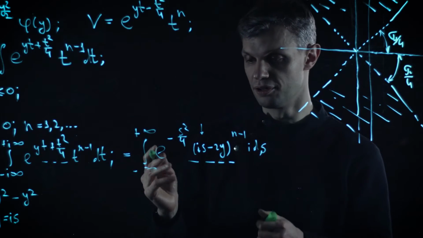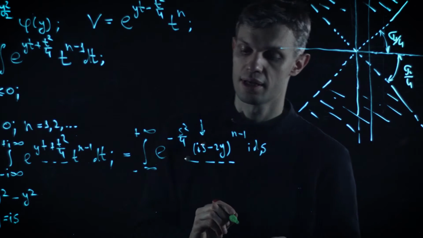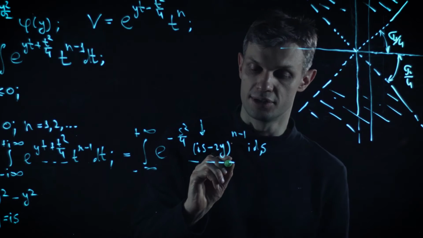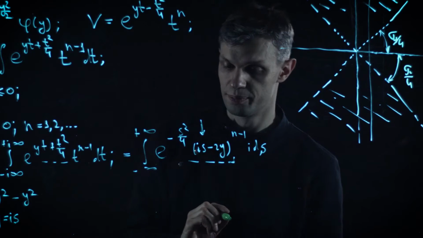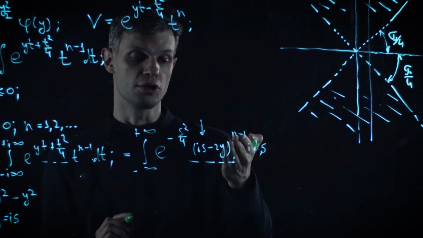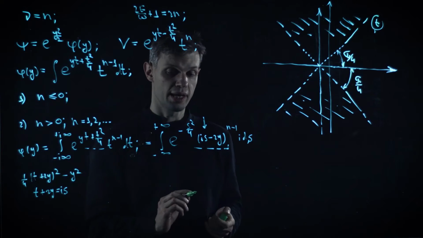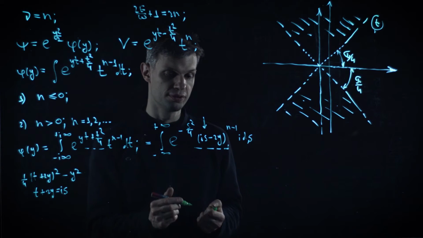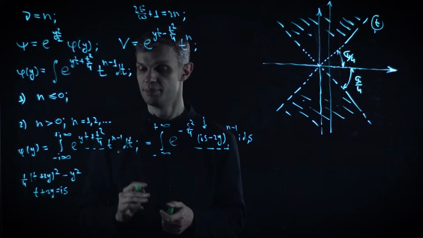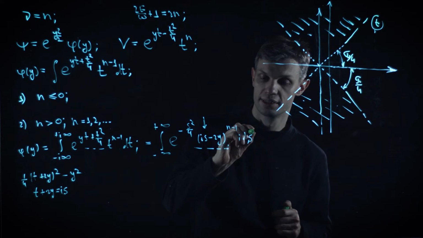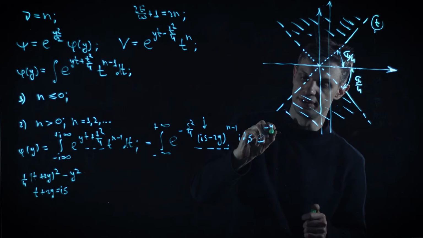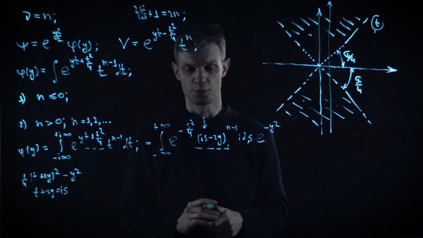So after the change of variables, you see that the only y dependence in our integrand is located in the pre-exponential factor. And the integral actually can be taken exactly for arbitrary integer value of n. And I leave it up to you as a homework exercise to prove that this integral indeed gives you the correct Hermite polynomials, although here I dropped the additional exponential function, e to minus y squared.